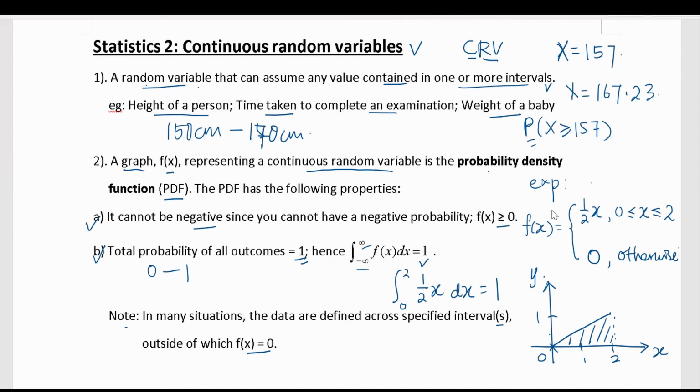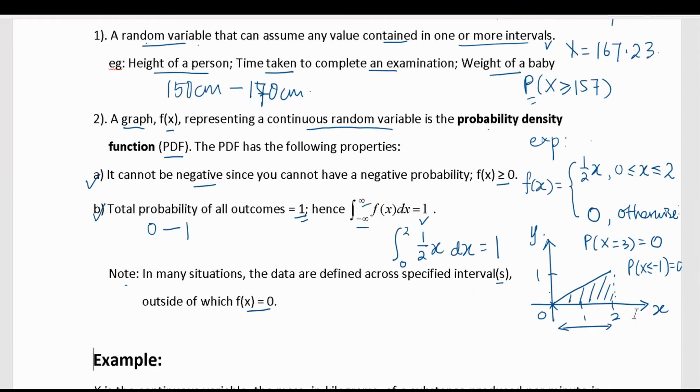Otherwise, is it possible that x equals 3 here? A value of x that is not within 0 and 2, so obviously the probability is 0. Or maybe x less than or equal to -1 is also going to be 0.